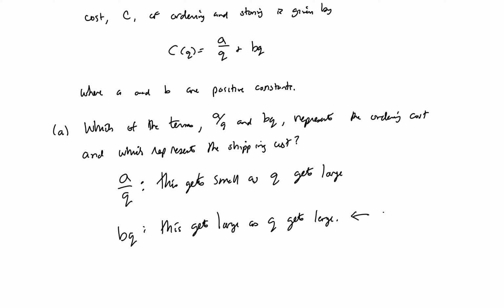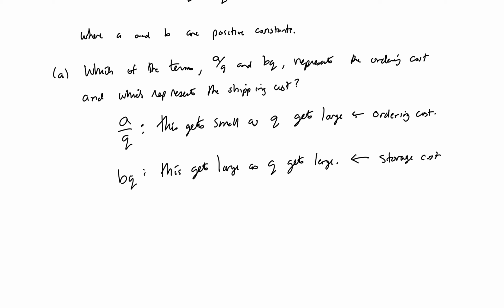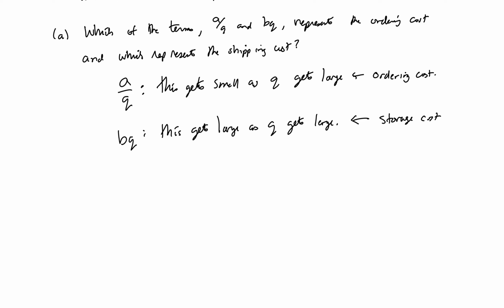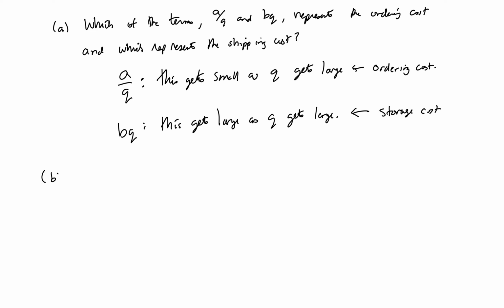So that means this one should be the storage, because we know the storage cost gets large as Q gets large, and we know that the ordering cost gets small as Q gets large, so this should be the ordering cost. So that's how we understand those two terms in the equation.